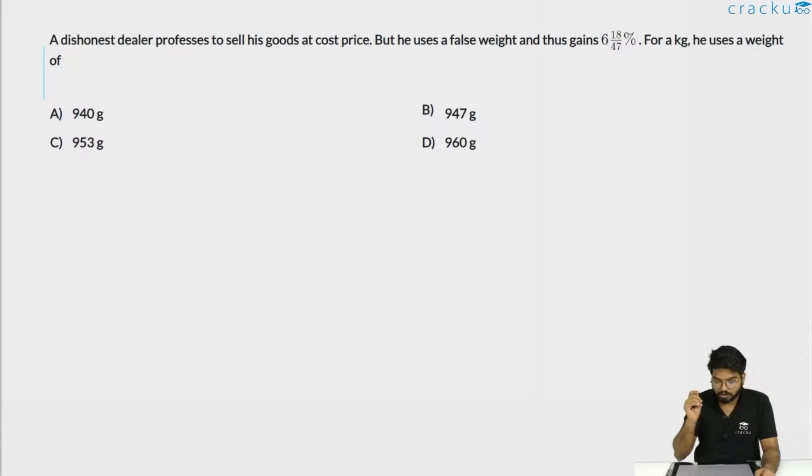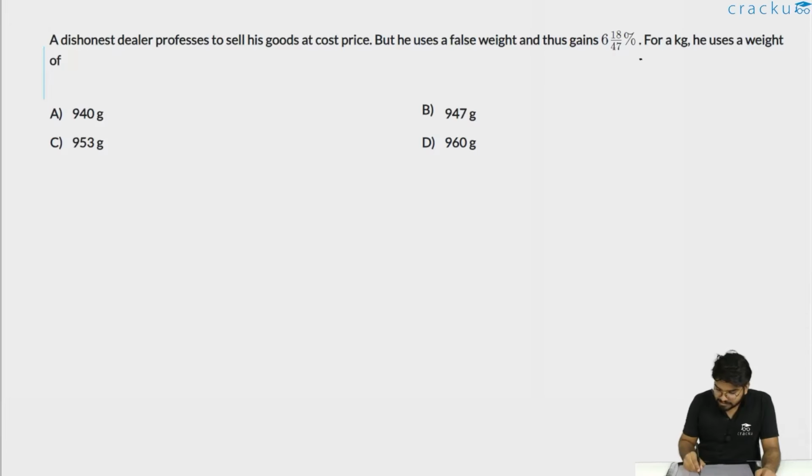But he uses a false weight. It means that the actual quantity he is selling is not correct, thus gains this percent. It means that he might be saying that, okay, I'm giving you some x kg, but I'm not giving you exactly that, I'm giving you something less, so that in between I'm making some profit.